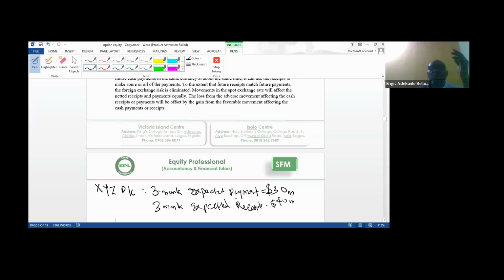You are now going to net off $40 million minus 30. That is netting off.